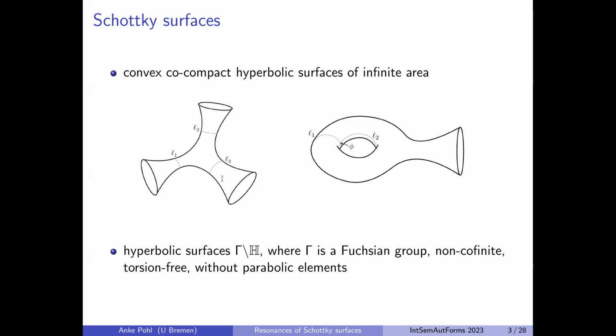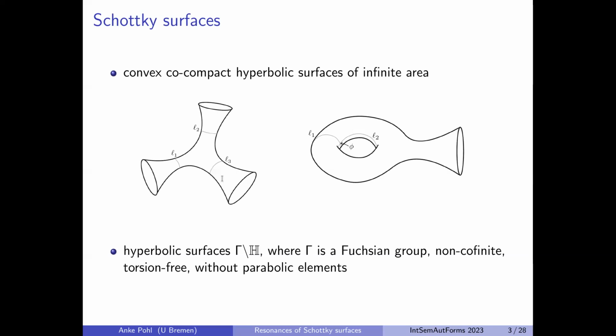Okay, if you prefer to think about these as hyperbolic surfaces in the notion of a quotient space of the upper half plane by a Fuchsian group, then your Fuchsian group is non-cofinite. It has no elliptic elements, so it's torsion-free, and it has also no parabolic elements, so no cusps. Here you see two figures of examples of Schottky surfaces, and all of them look similar to this.